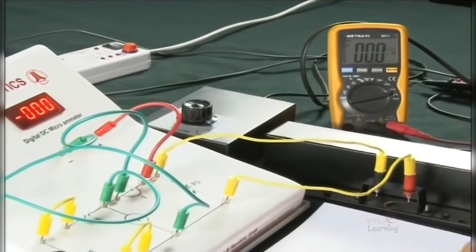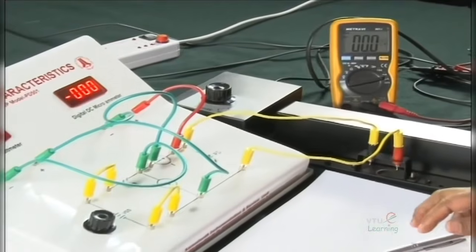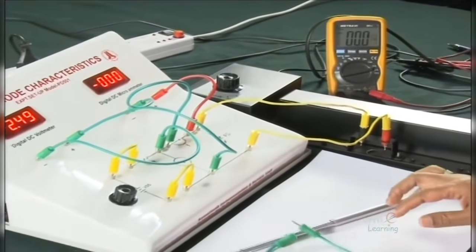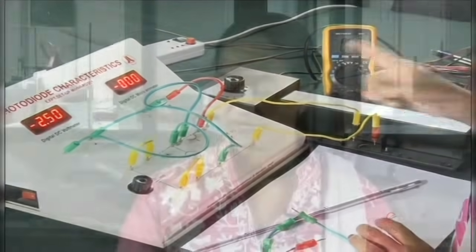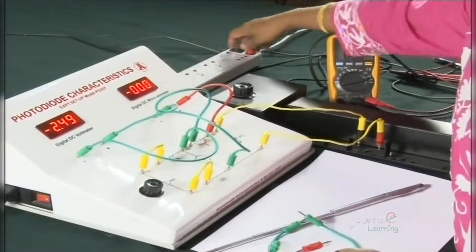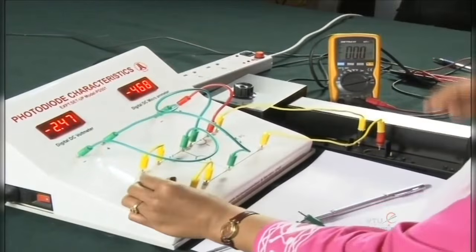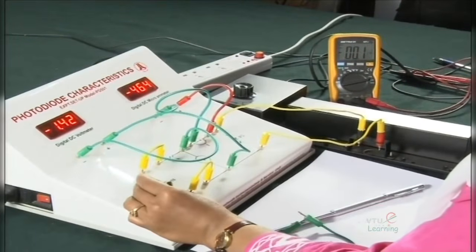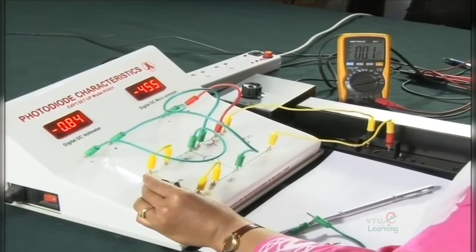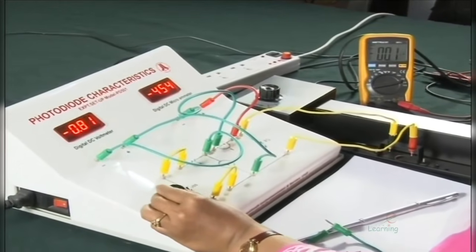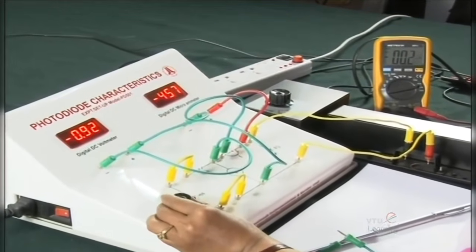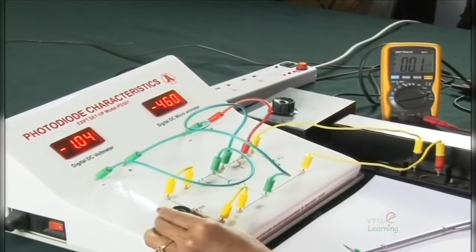Now let us move on to the second part of the experiment, wherein we study the variation of photocurrent with respect to illumination. Now the illumination is off. Switch it on and set around 1 volt reverse bias across the junction.